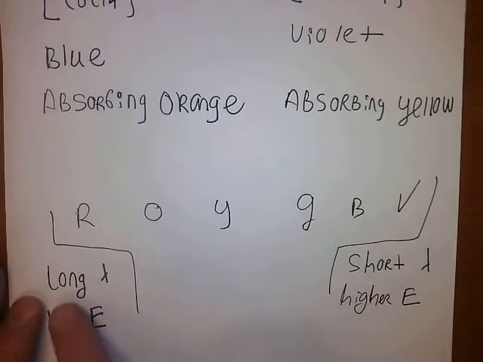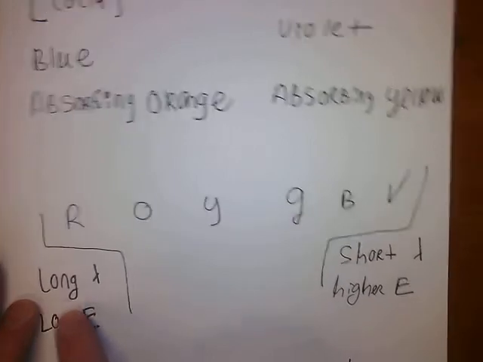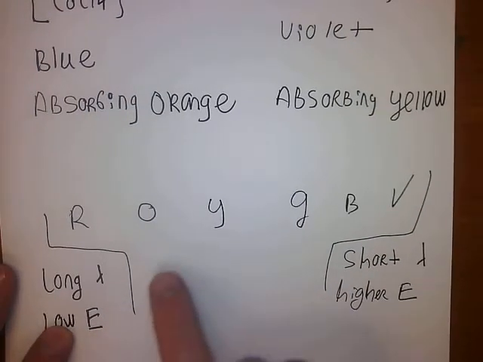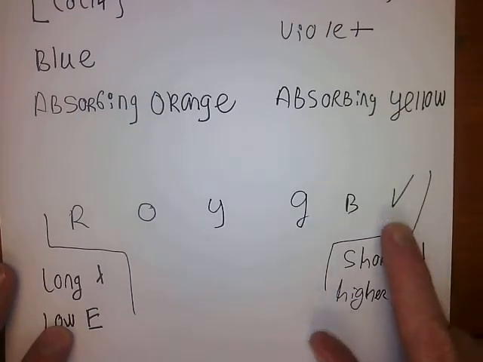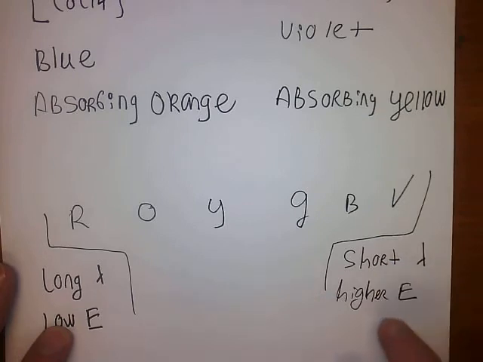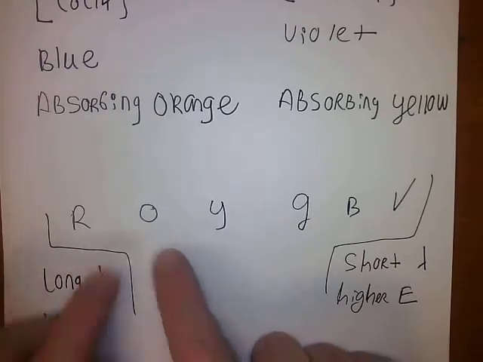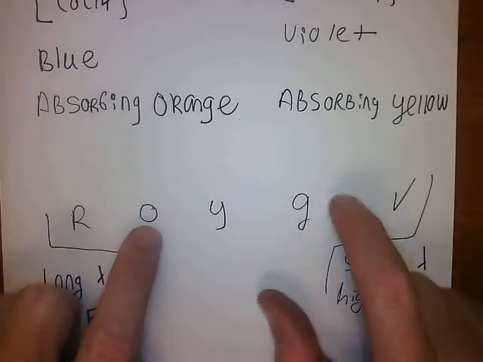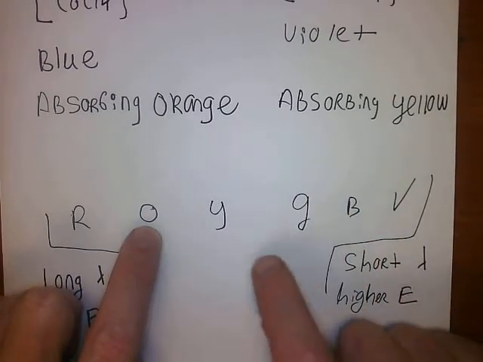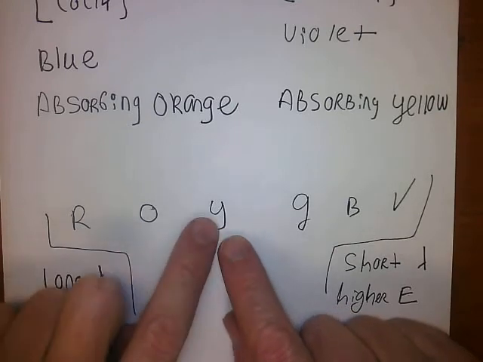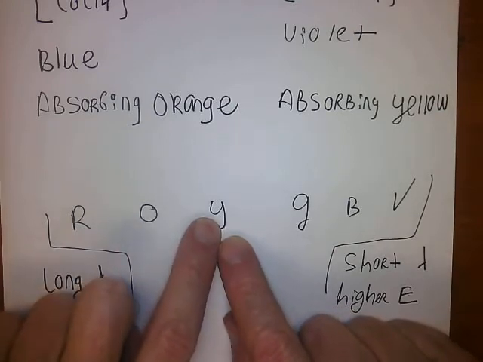So on the red end, we have long wavelength, lower energy light. On this end, we have short wavelength, higher energy light. So, right? Here's orange light, and here is yellow light, which is higher energy. The yellow is higher energy light.